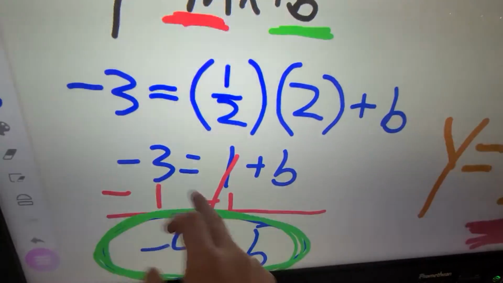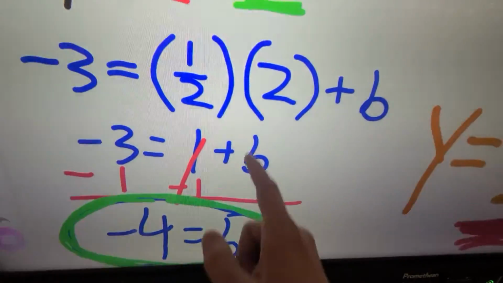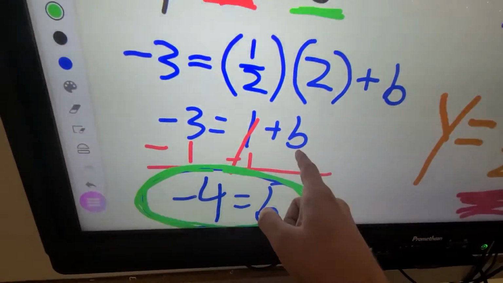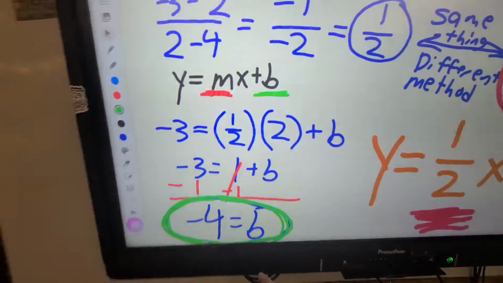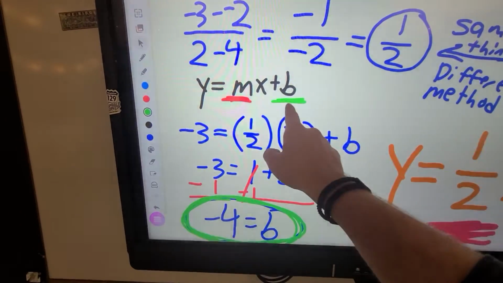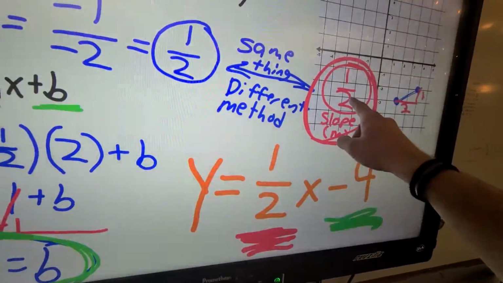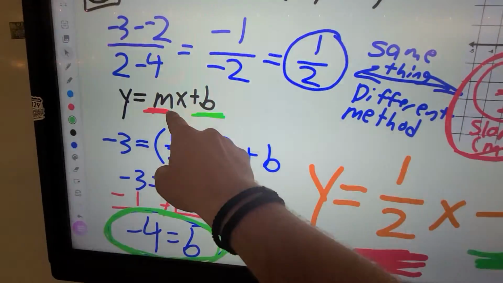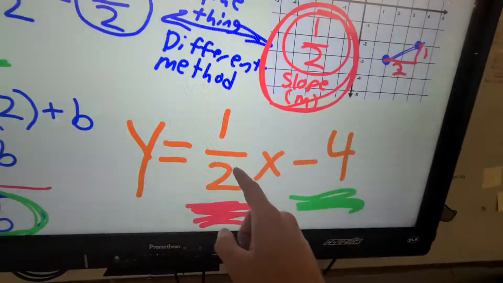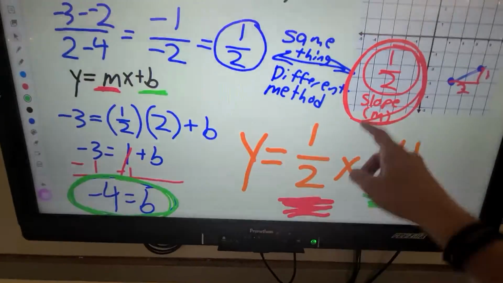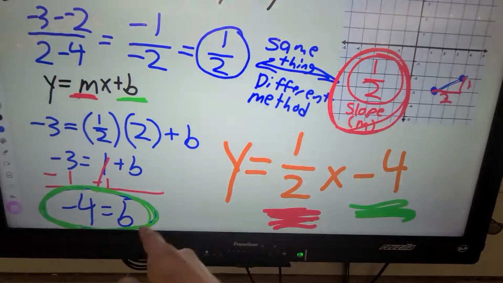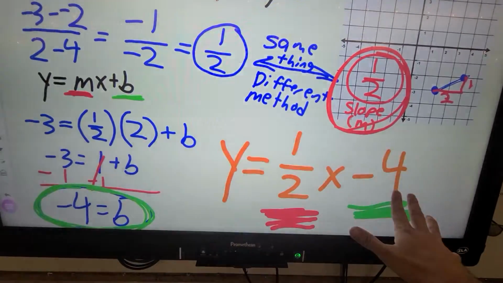Subtract 1 from both sides to balance out the equation and isolate the final variable, and I get negative 4 equals b. So negative 4 will go here, and my slope will go here, which gives me y equals 1/2 x minus 4. And you can see I tried color coding this. The slope goes there, y-intercept goes there every time.